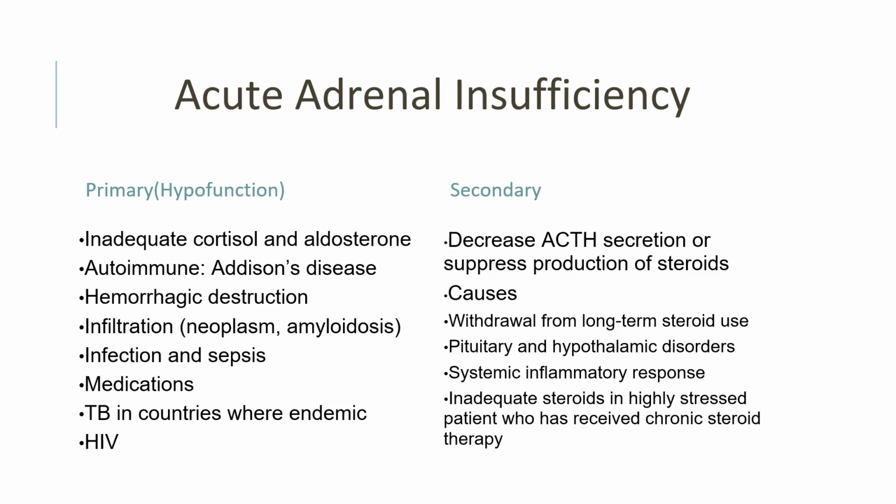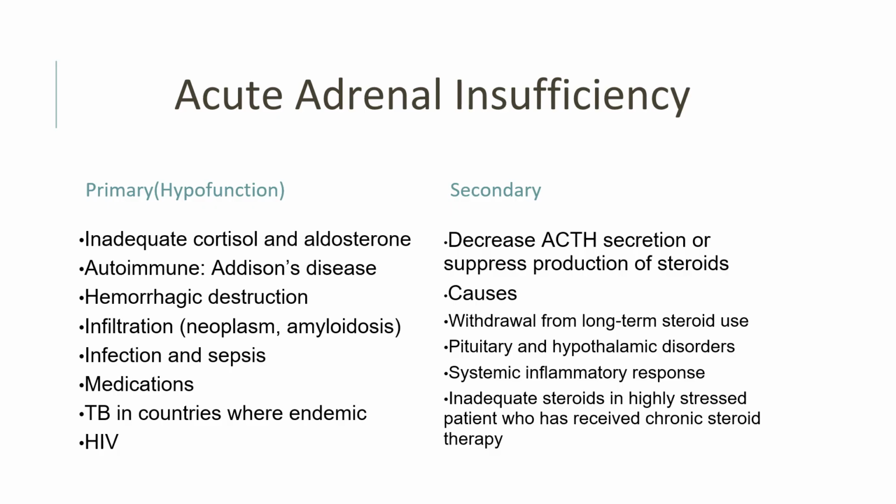So again, just some brief descriptions, trying to incorporate some of your previous knowledge into situations where adrenal insufficiency could come in. Again, not for memorization, just more for clinical knowledge. But most commonly, you will see Addison's disease as the most common causative factor in acute adrenal insufficiency.